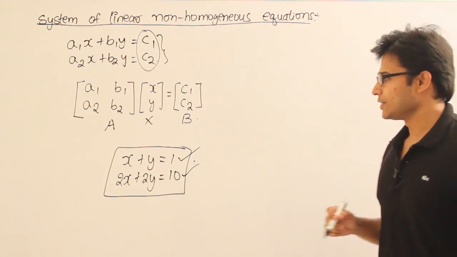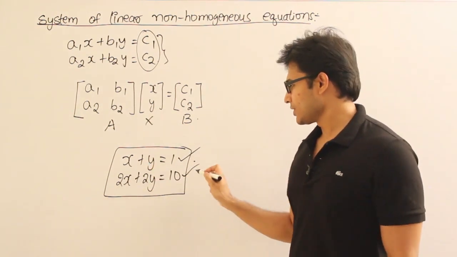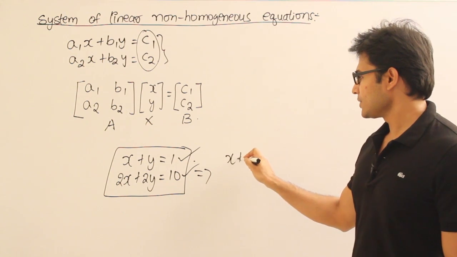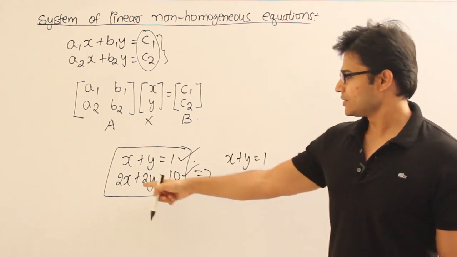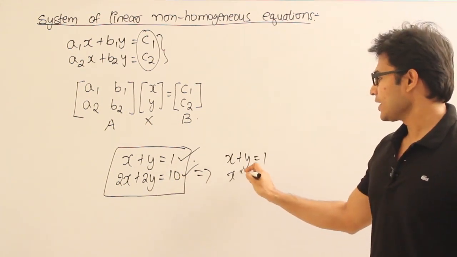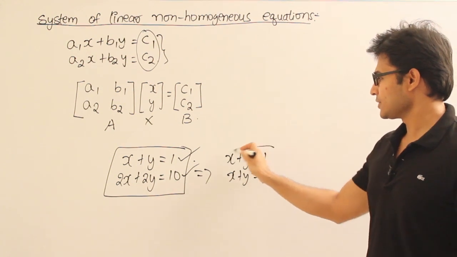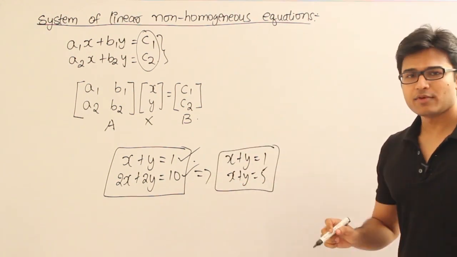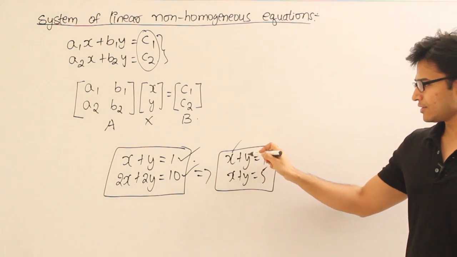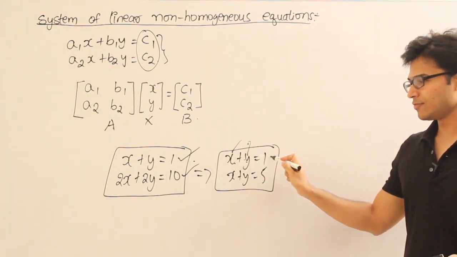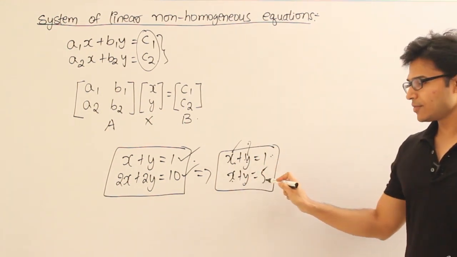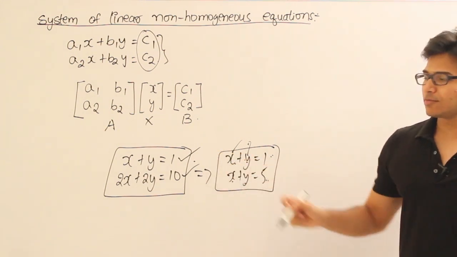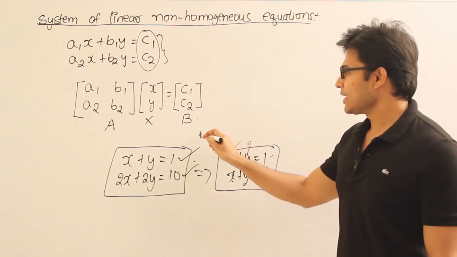It is simple. The first one is x plus y equal to 1. The second equation is effectively x plus y equal to 5, isn't it? Therefore, when you pick values of x and y such that the sum is 1, obviously the sum cannot be 5, right? Such a system of equations is called inconsistent.